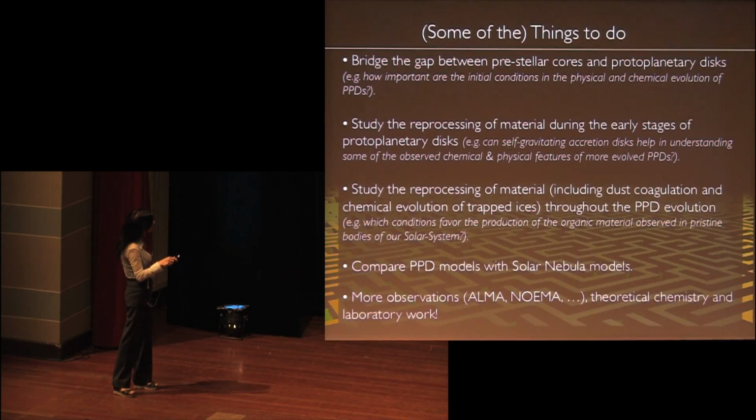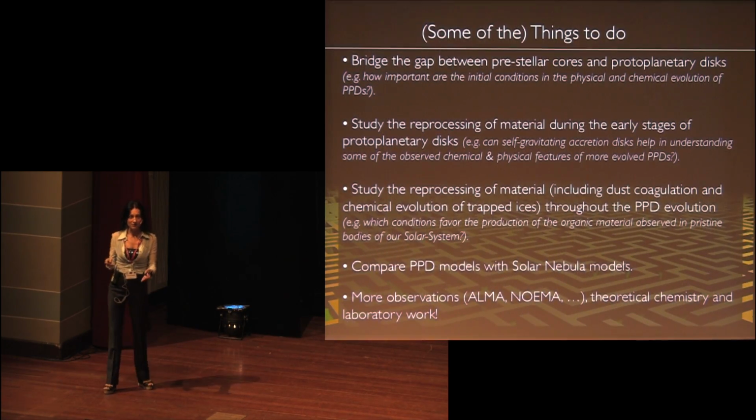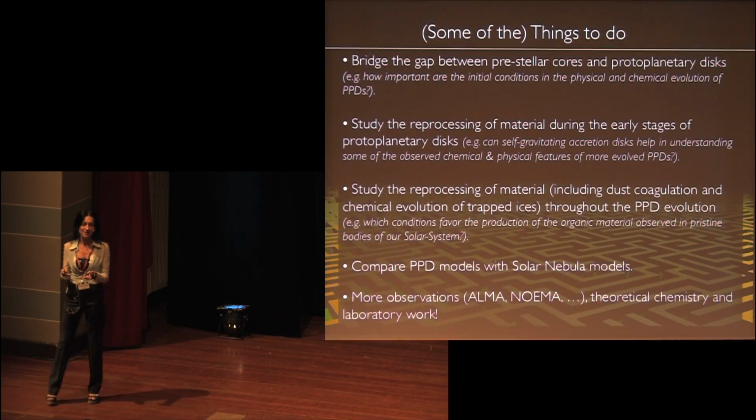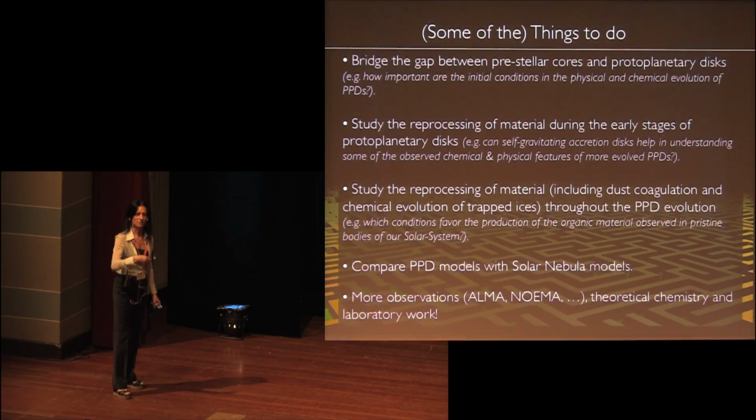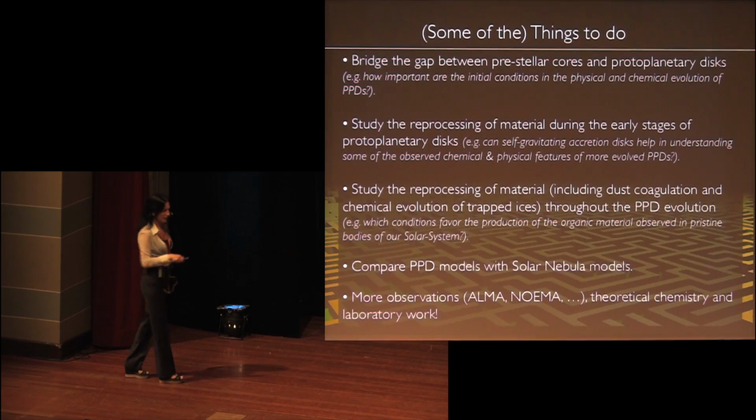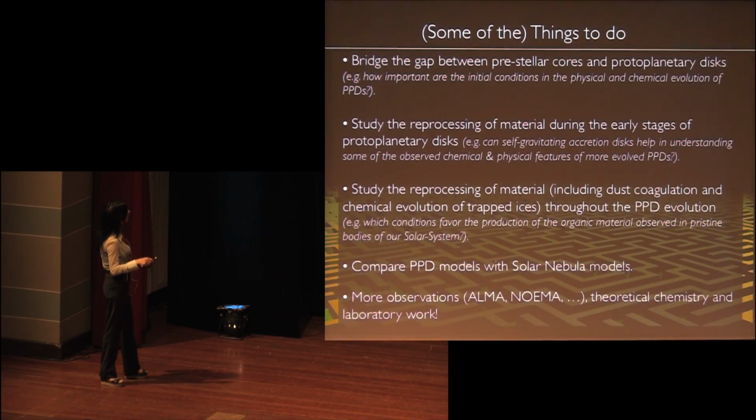Also, study the reprocessing of material during the early stages of protoplanetary disks. For example, if self-gravitating disks exist in the Class 0 phase, so in the very early phases, does that matter for the physical and chemical processes of protoplanetary disks that are orbiting around more evolved stars?